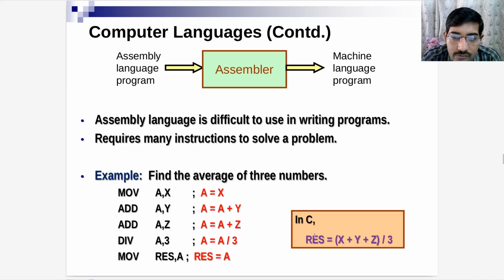Whereas if you write it in one line, it's very efficient to write and it's portable, because this x plus y plus z by 3, you take it to another computer, it can also execute. One pertinent point here is that the computer only knows binary instructions to fetch, decode and execute.